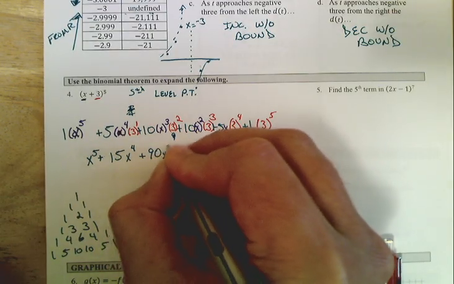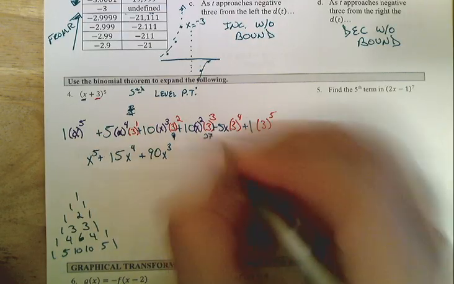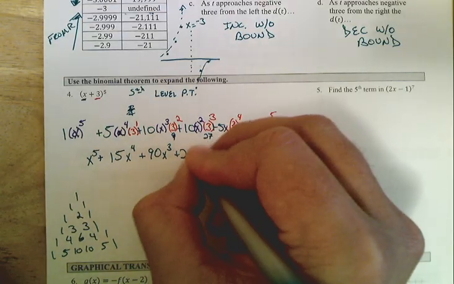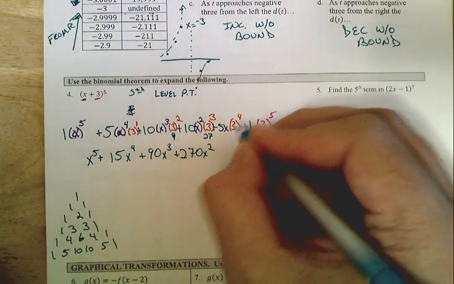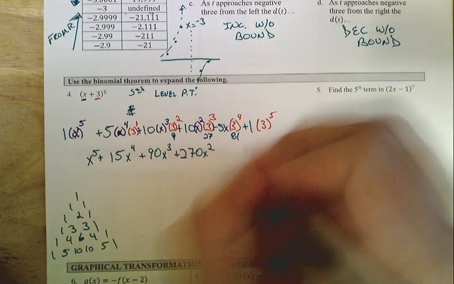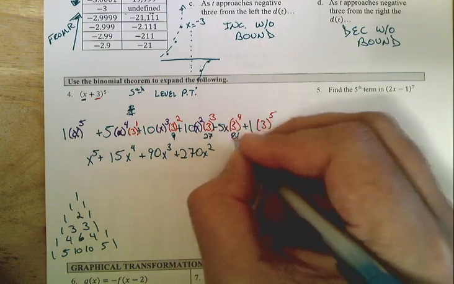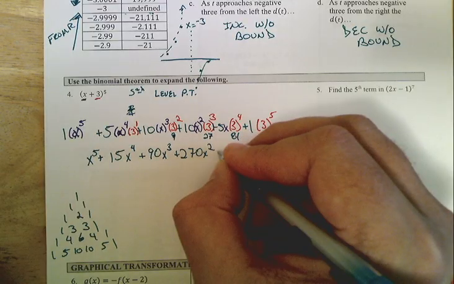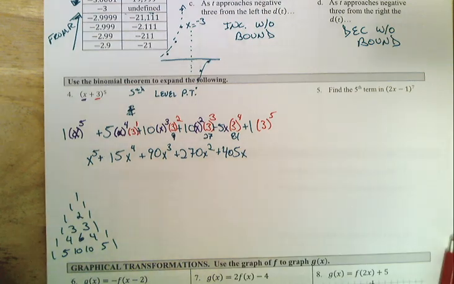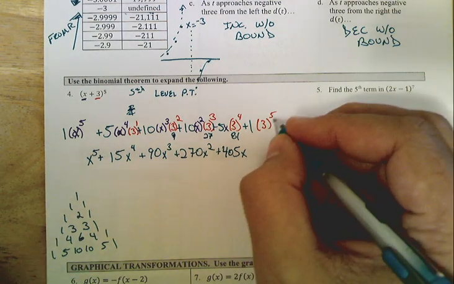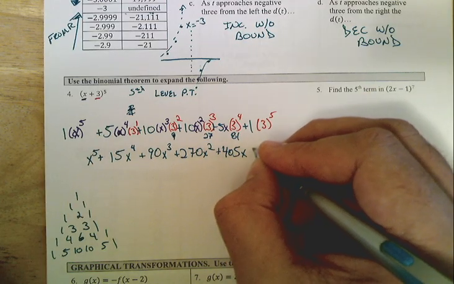So this should be 90x to the 3rd. 3 to the 3rd is 27. 27 times 10 is 270x squared. 3 to the 4th is 81. 81 times 5 is, so that's what, 400 plus 5, so 405x. And then finally, 3 to the 5th is just 81 times 3, which is 243.